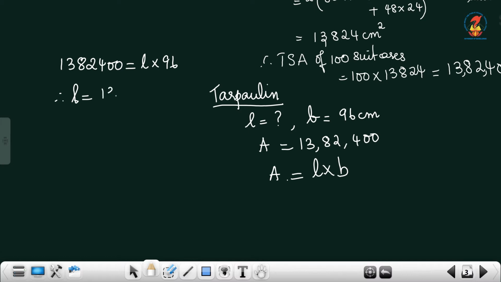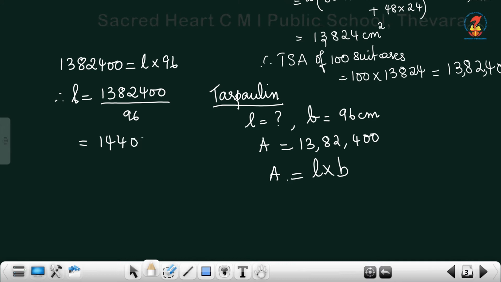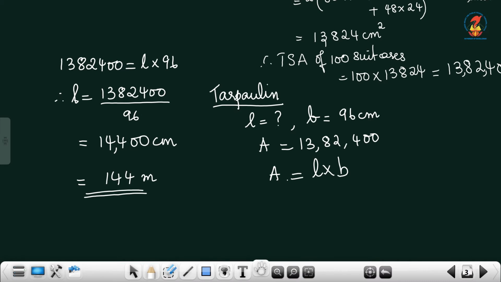Therefore, length is equal to 13,82,400 by 96. And when you divide, you will get the answer as 14,400 centimeters. But our question is how many meters of cloth is required. So we have to convert it to meter. 14,400 by 100, which is equal to 144 meters.